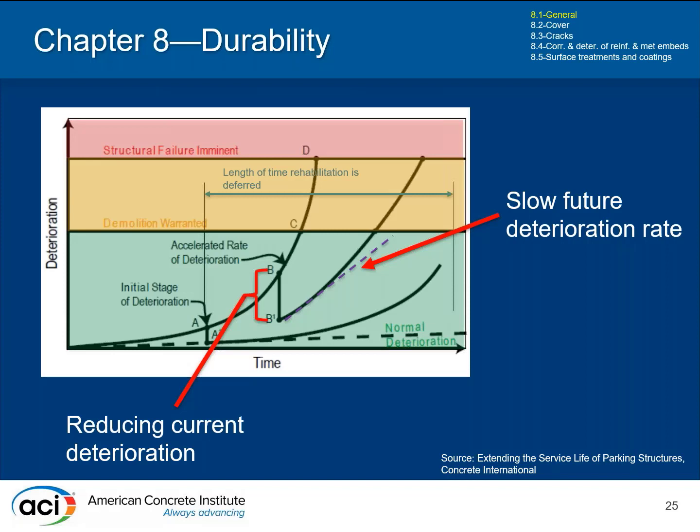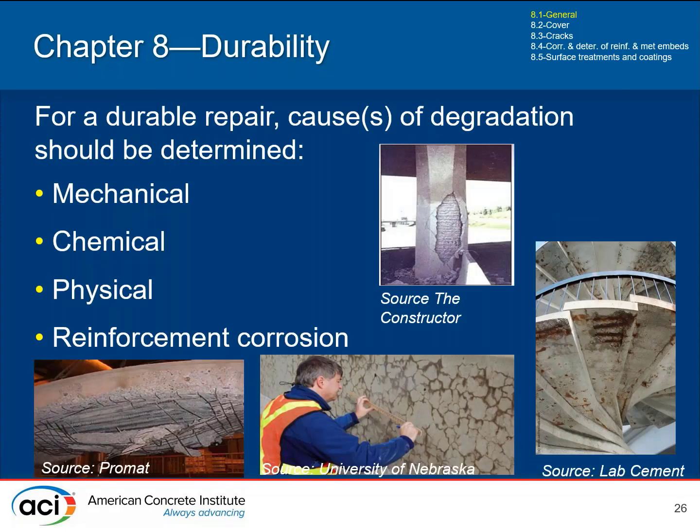If you want to keep that in mind as I go through, the objective here isn't making things better. That's done elsewhere, super important, but it's how do we push this out and slow future deterioration rates? To do that, we often need to figure out what is causing that future degradation, that future deterioration.